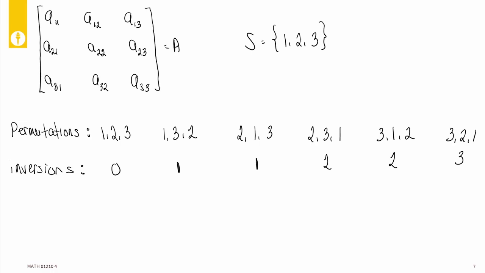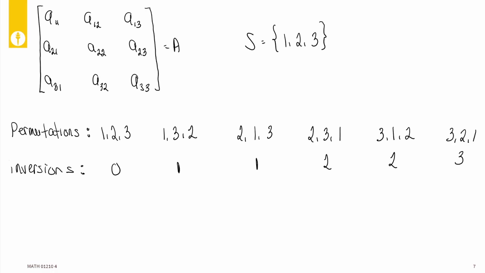If you look at that 4th one, 2 precedes 1, which is an inversion, right? 2 is larger than 1. And 3 precedes 1. 3 is larger than 1. 5th one, 3 is larger than 1, so there's an inversion. 3 is larger than 2, there's an inversion.